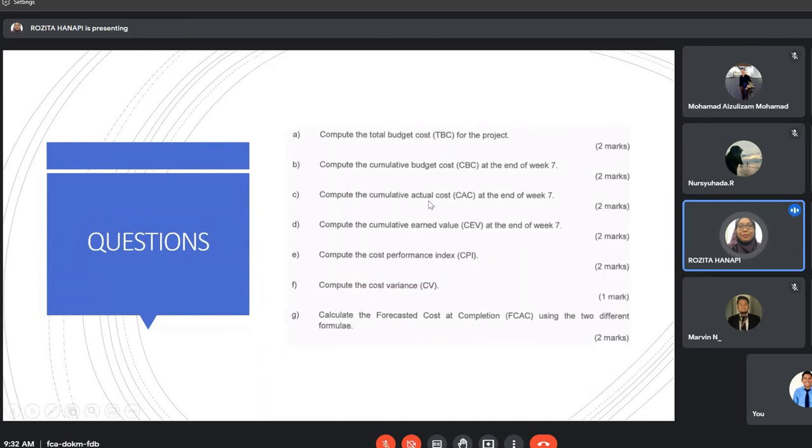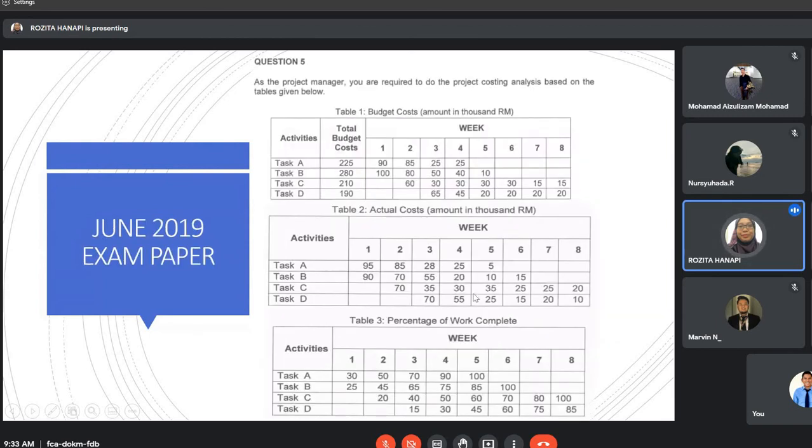compute the cumulative actual cost at the end of week 7. Okay, you tengok sini, jangan kira semua dekat dalam tu. You need to look at the question. Compute the cumulative actual cost at the end of week 7. So you want to calculate cumulative actual cost at the end of week 7. So you add, lebih kurang macam ni tadi, it's just that you add this one, okay.